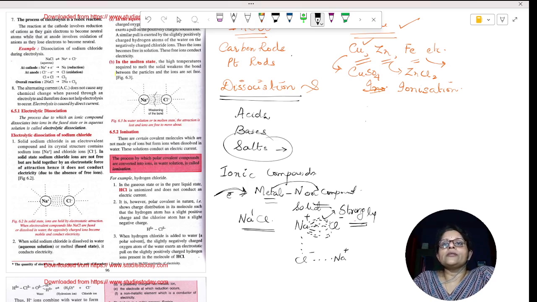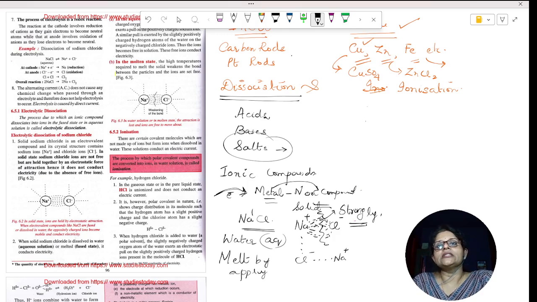It is strongly bonded. But when you add water to it, in an aqueous solution, or if we try to melt it by applying heat, the bond between these two ions will become weak, and we will explain how.